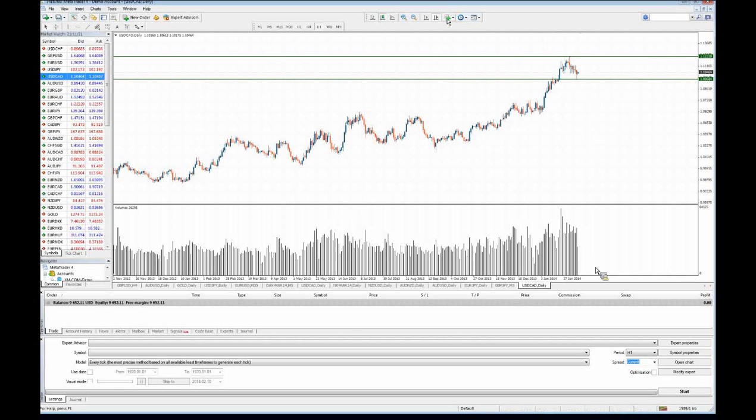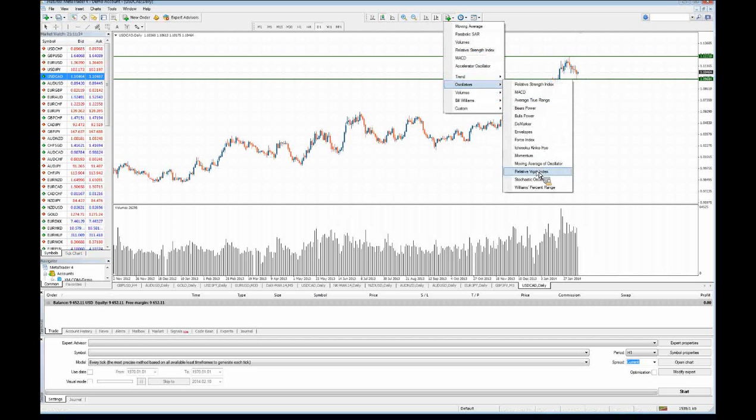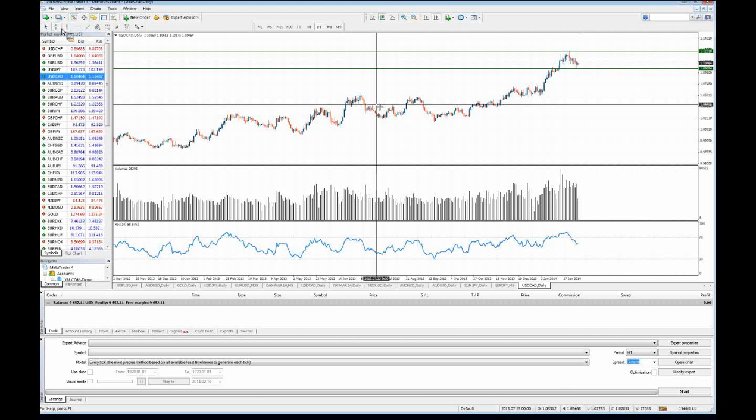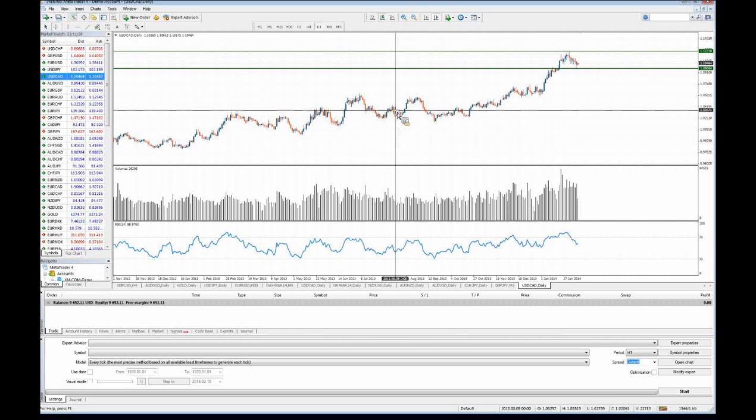If we look at the RSI, we can see that it's moved out of overbought a hell of a lot, but yet the price has moved very, very little.